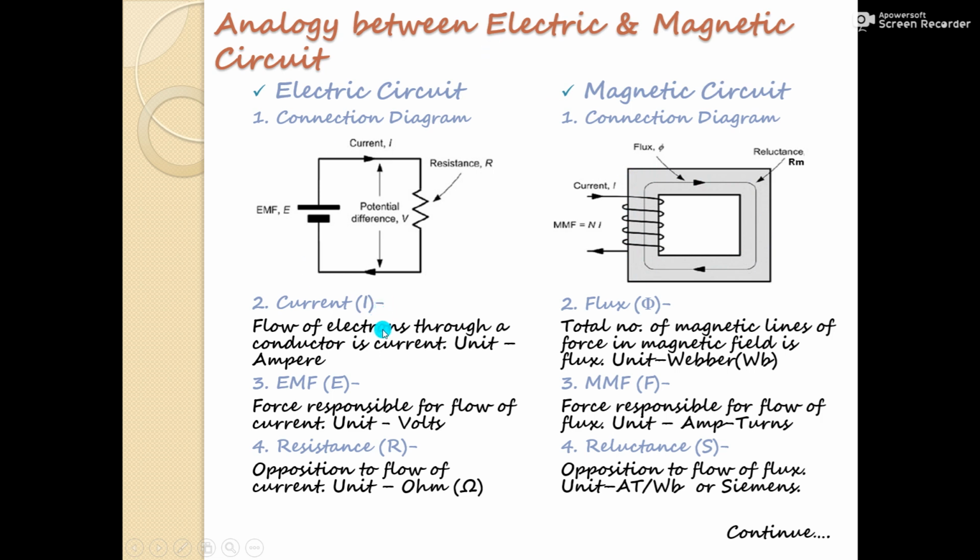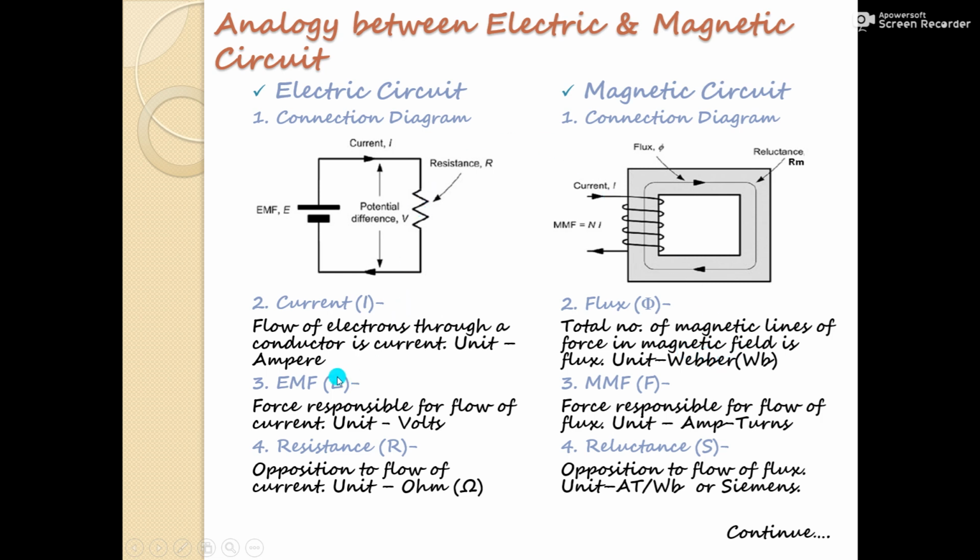In an electric circuit, we have current, which is the flow of electrons through a conductor, and the unit for current is ampere. In a magnetic circuit, we have magnetic flux, which is nothing but the total number of magnetic lines of force in a magnetic field, and the unit for magnetic flux is Weber.